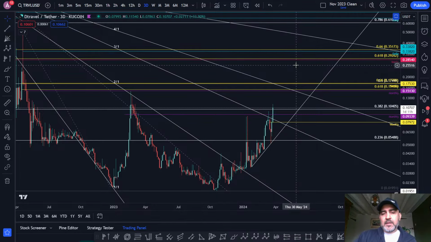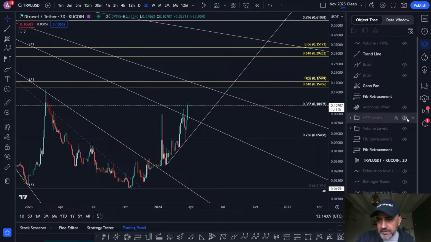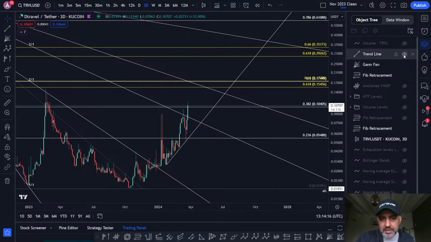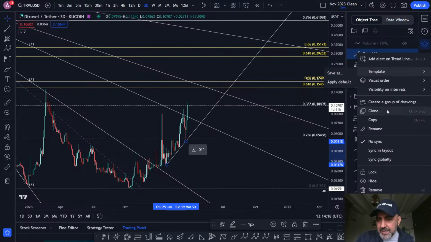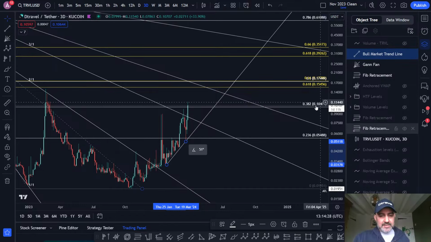All right. So let me just hide these levels. We can delete those now, don't need those. That trend line, I'm going to rename that to the bull market trend line. Maybe that's our bull market trend line. So that's going to be very interesting actually, because I'm going to use that.